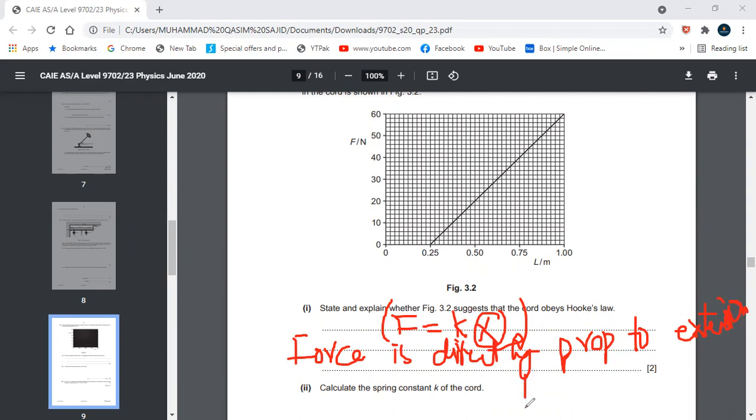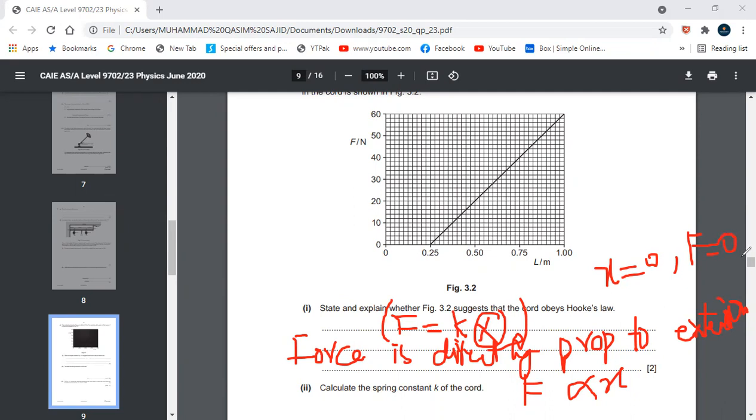So F is directly proportional to x, that is F equals kx. So when x equals 0, putting x equals 0 in F equals kx, F equals 0. Is this clear?